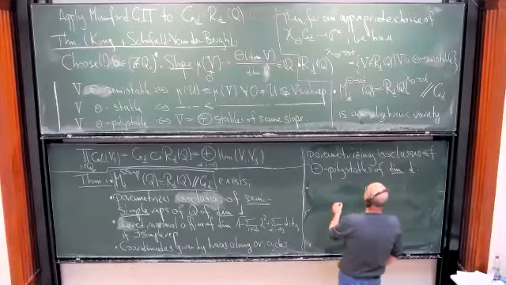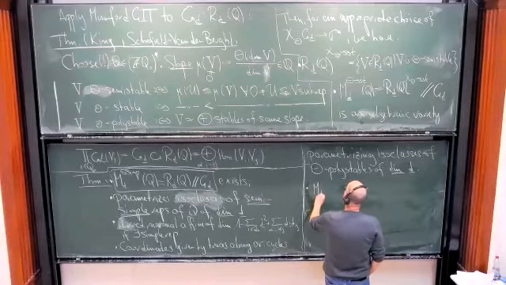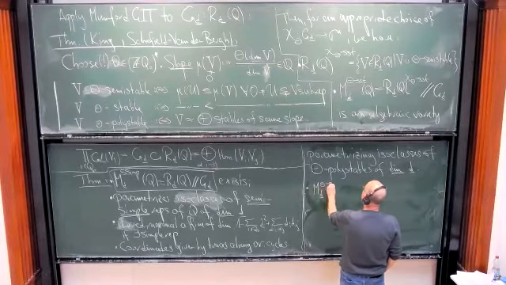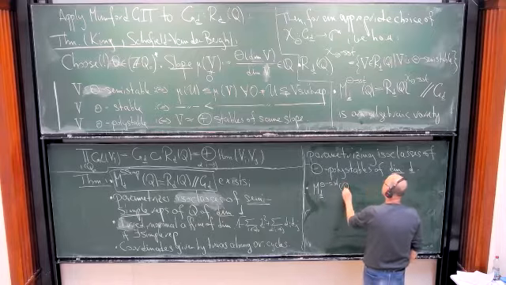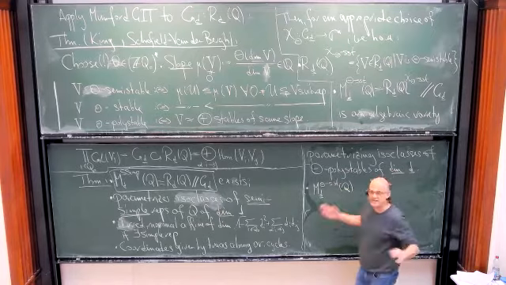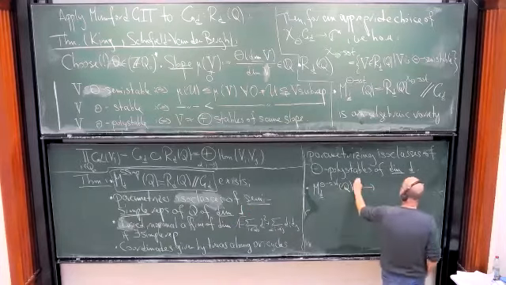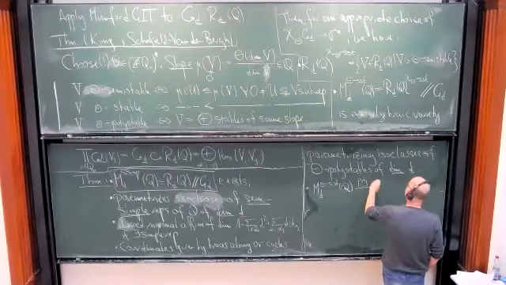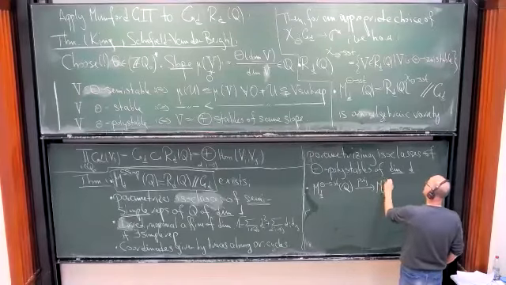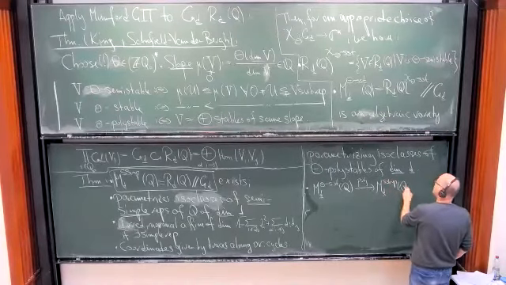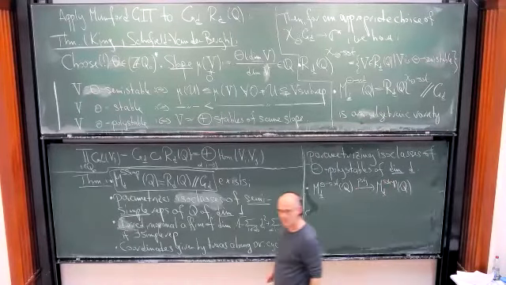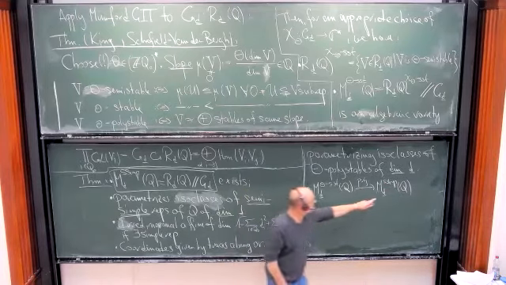So this moduli space of theta semi-stables, in general, it's neither affine nor projective, but it admits a projective morphism to the moduli space of semi-simples, and this is affine.